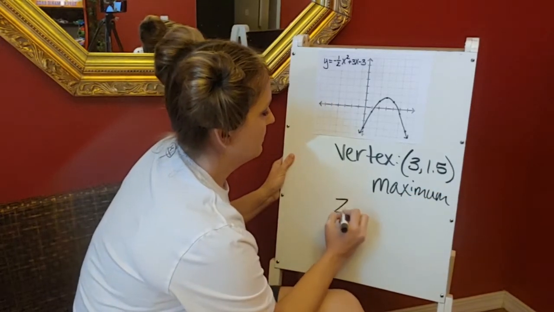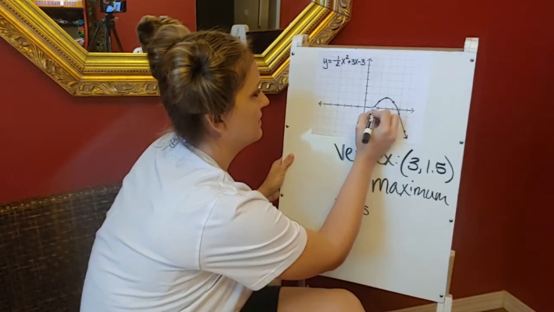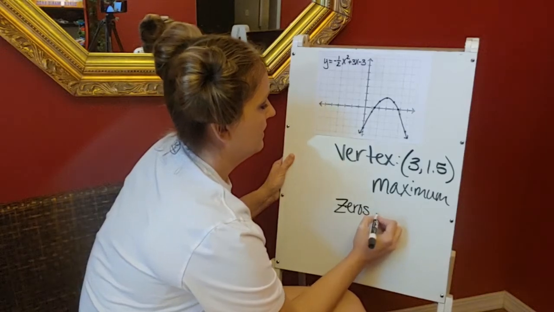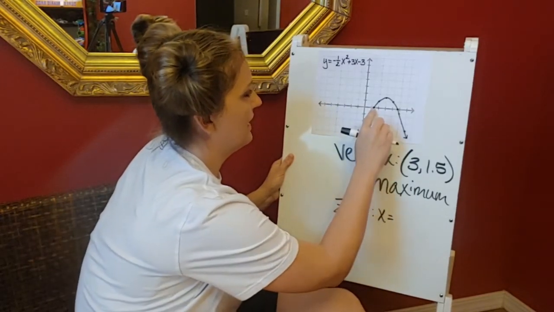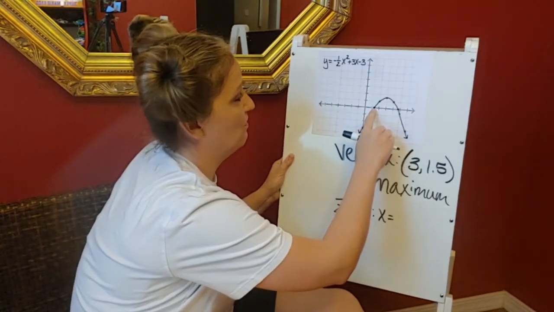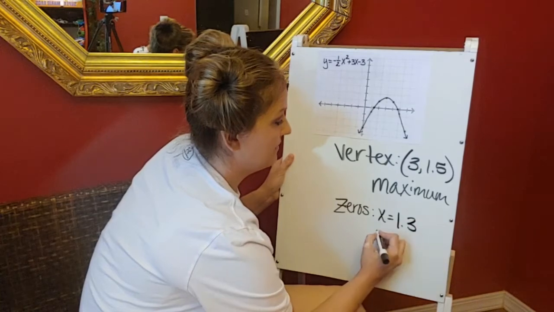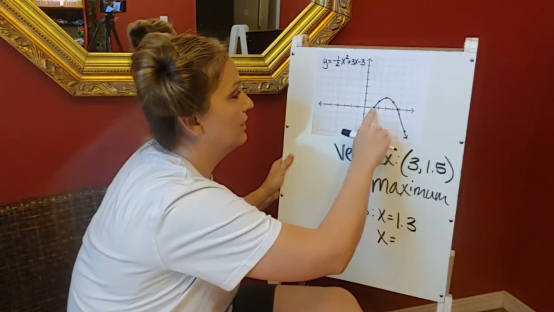And then my zeros. I have a couple of zeros where this crosses my x-axis right there and right there. So for my zeros, x is equal to, this zero right here is about, I don't know, 1.3 by my estimation. So there's one there at 1 1/3 or 1.3.